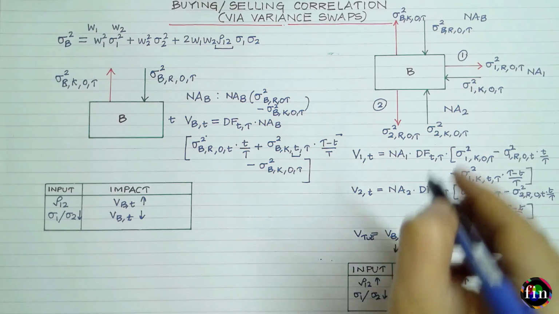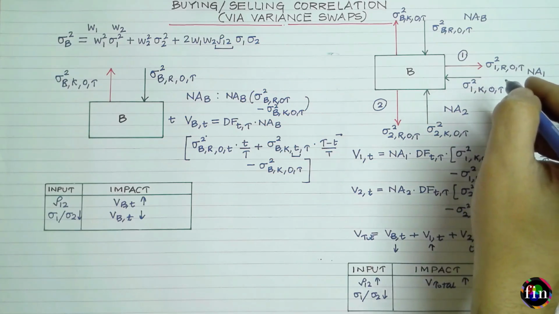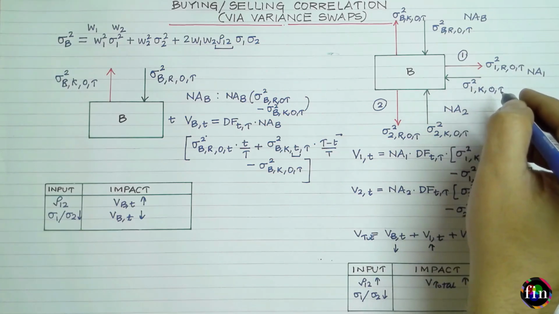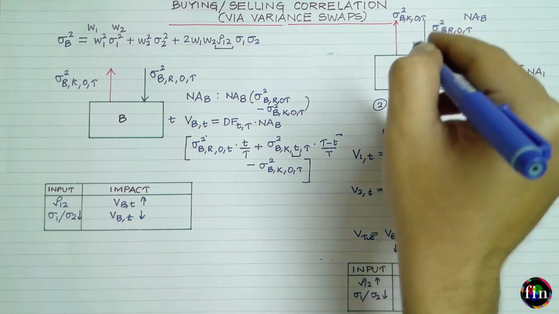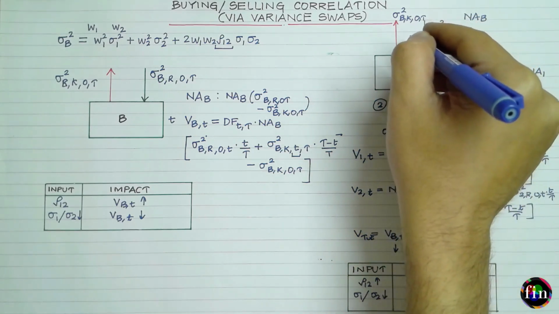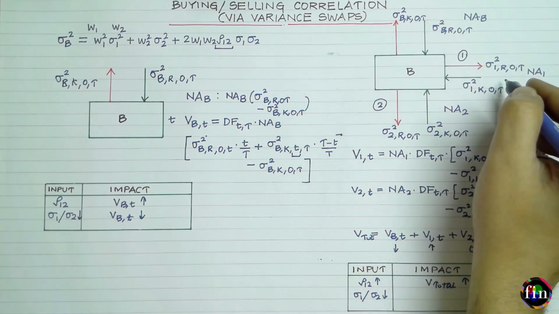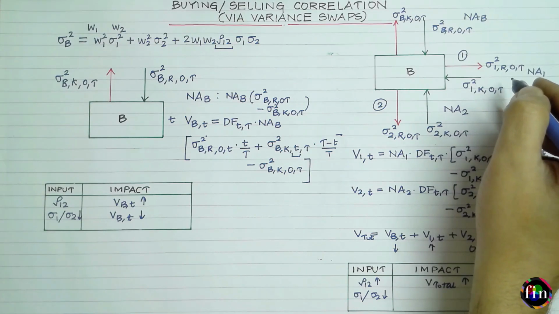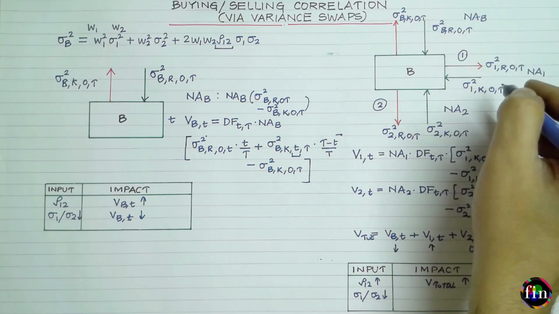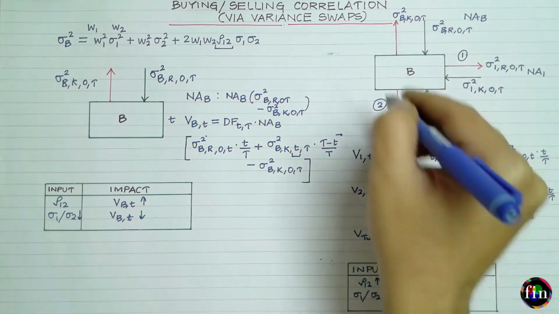Now, since I sized up my trade such that the Vega is the same, the Vega of this guy with respect to stock 1 and this guy with respect to stock 1 offset one another, and hence the Vega total is 0.